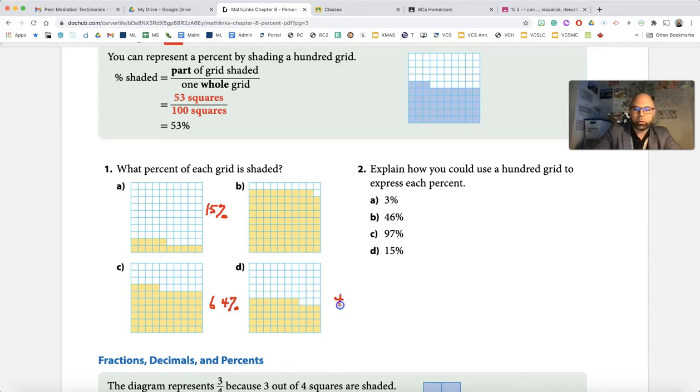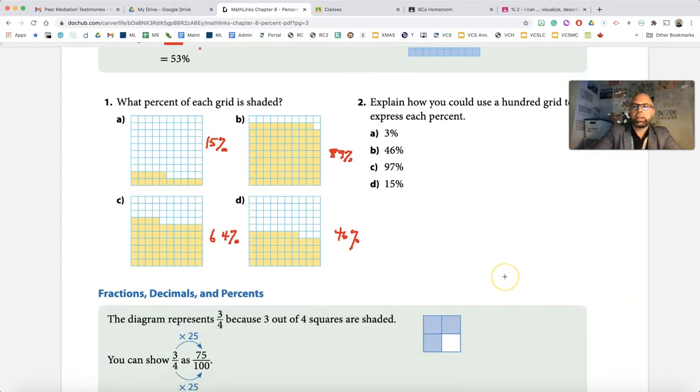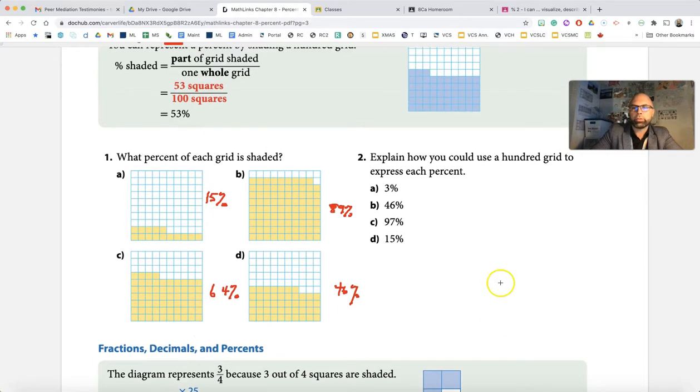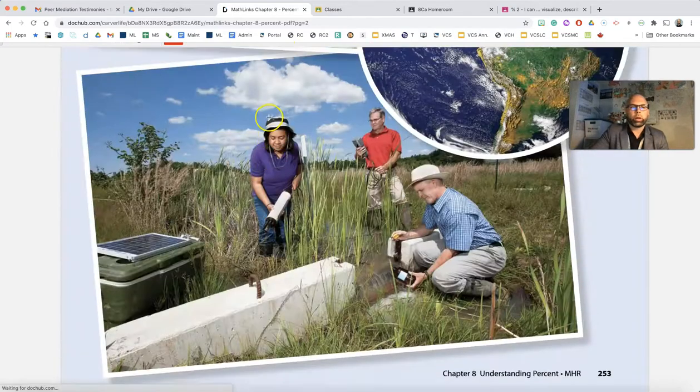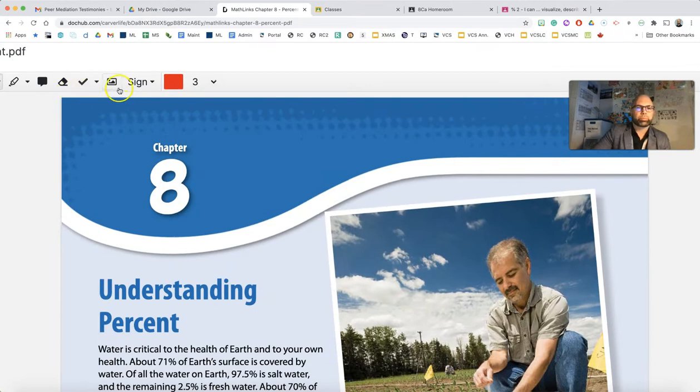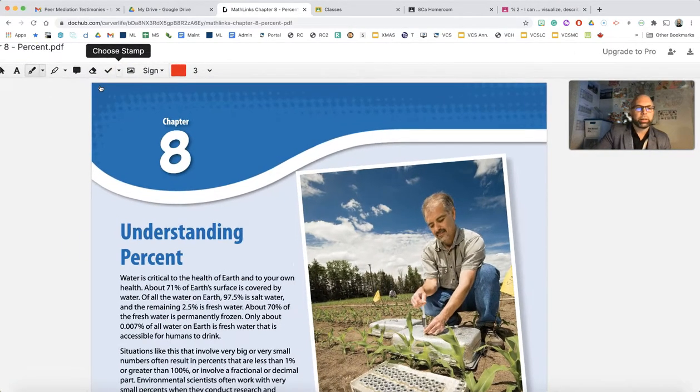We want to know, right? I'll say 46%, and this looks like 89%. Okay, really basic stuff. Explain how you could use a 100 grid to express each percent. So these are all within 1 and 100, so it really doesn't require a whole lot of calculation. Sorry for all the skimming back and forth here.